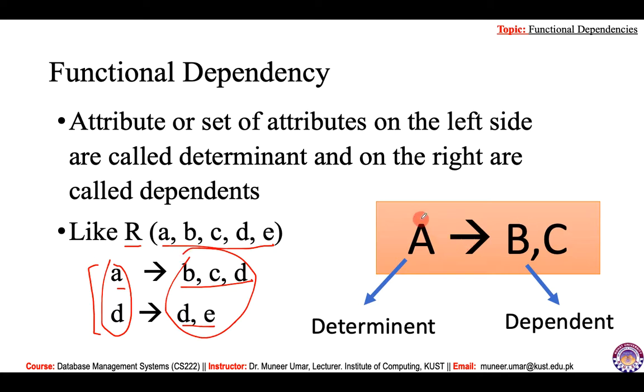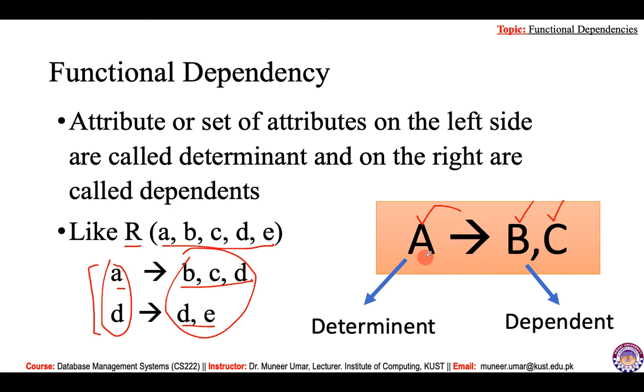Here we have a functional dependency. A determines B and C. So A is determinant and B, C are dependents. This can be any sort of table. For example, we have a table for student.